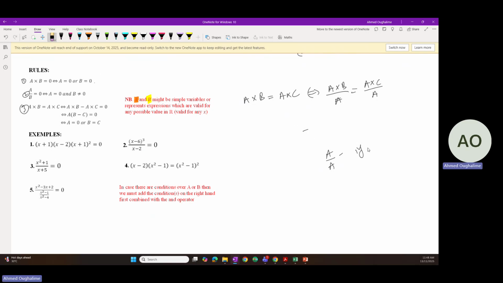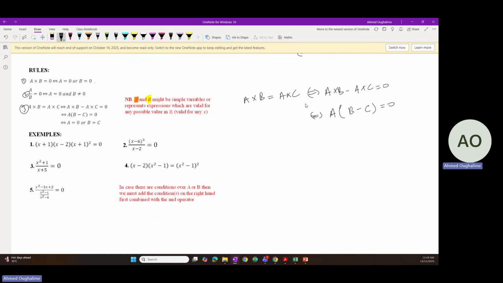If I try to do things in a proper way, I factorize A and get A times (B minus C) equal to 0.